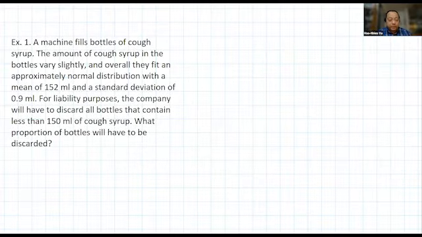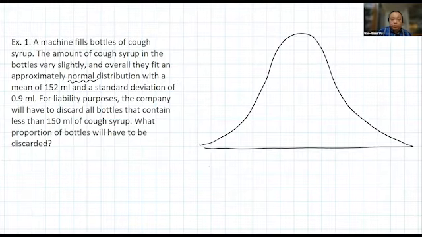Doing this problem again. First things first, always draw a normal curve. You see the word normal, you draw the normal curve. We're talking about things that are less than 150 ml. Find 150 somewhere. The exact location of 150 is actually not that important. And then you graph the interval of being less than 150.